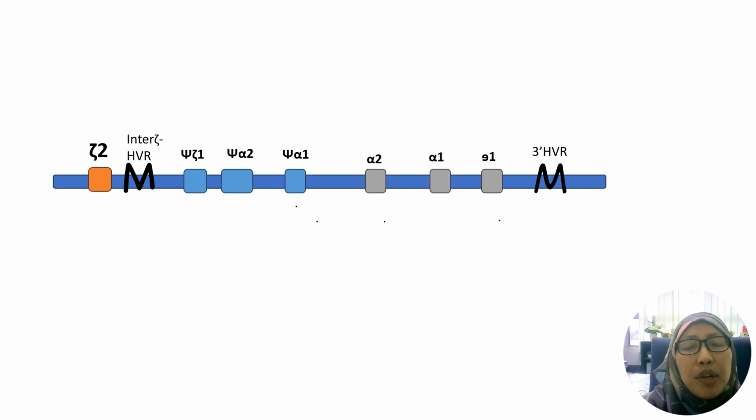And as we know, we have alpha 2 and alpha 1 genes, which were previously also known as HBA1 and HBA2.